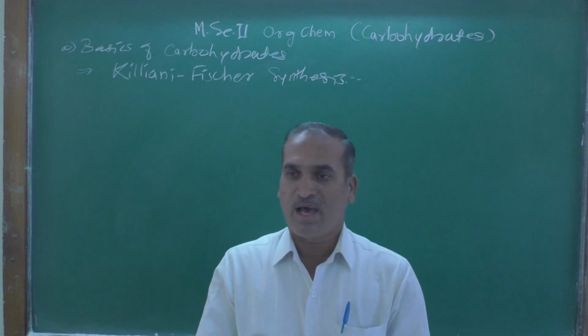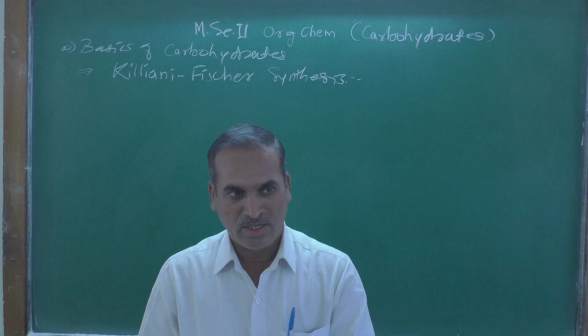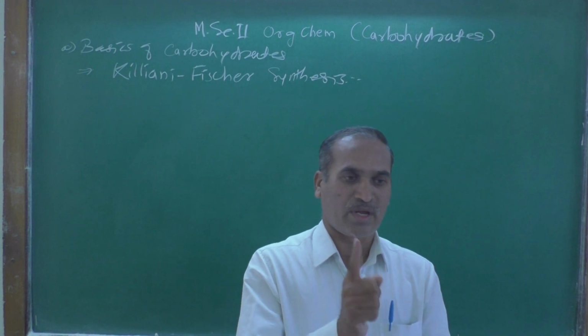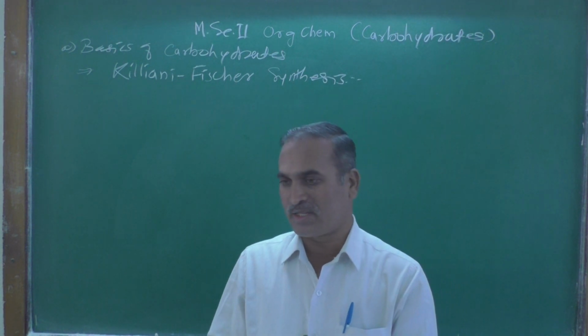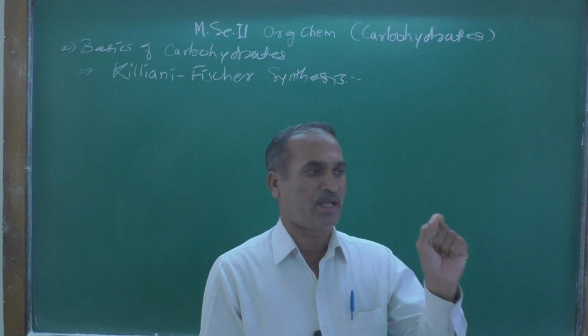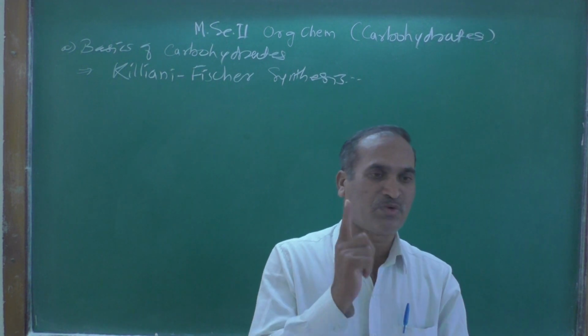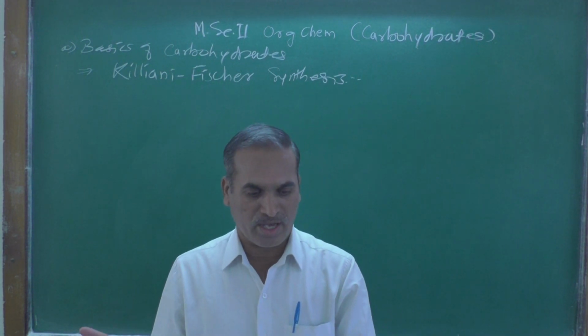D and L are the relative configurations, as we know. A D configuration clearly indicates that the carbohydrate is represented according to the Fischer projection formula, as we know.